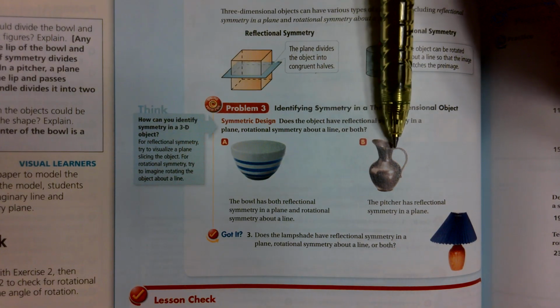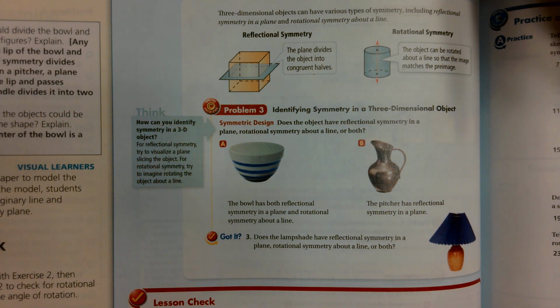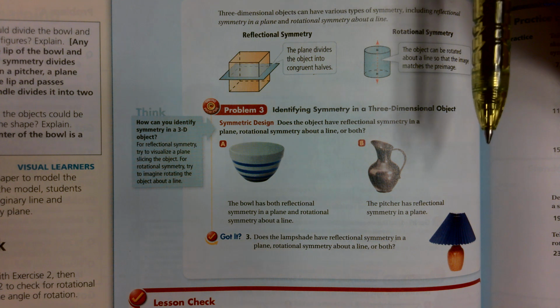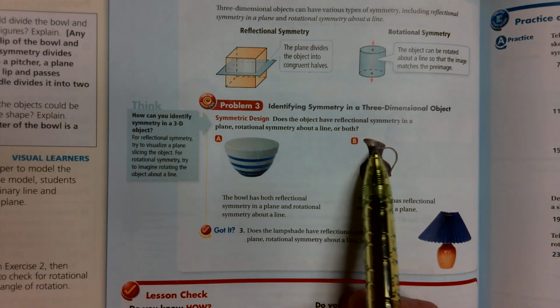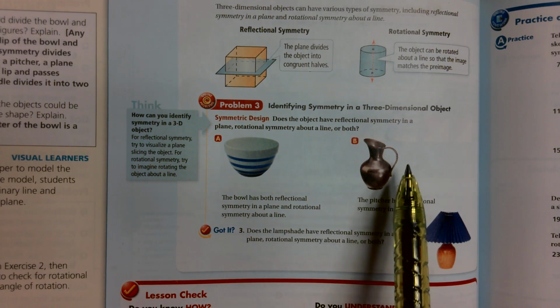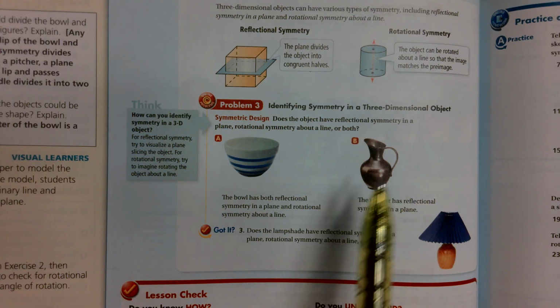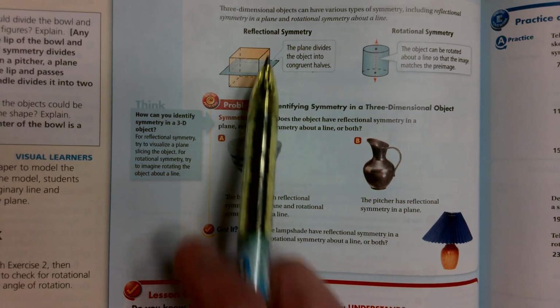If I stick this down through the middle and rotate, will it be the same all the way around? Well, no. I guess it could have been if they didn't have the handle, or if this spout was uniform. But with the spout here and this handle, when you're rotating it, you've got different things going on all the way around. So nope, it's just the reflectional symmetry.